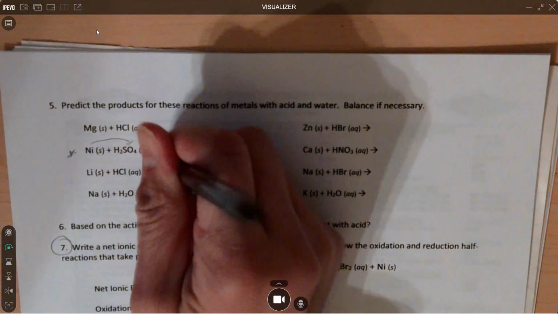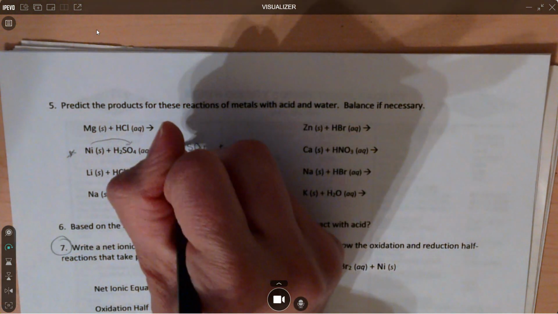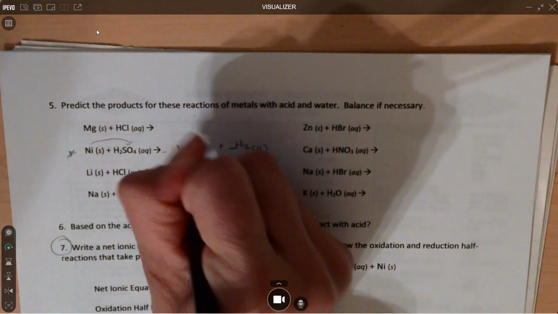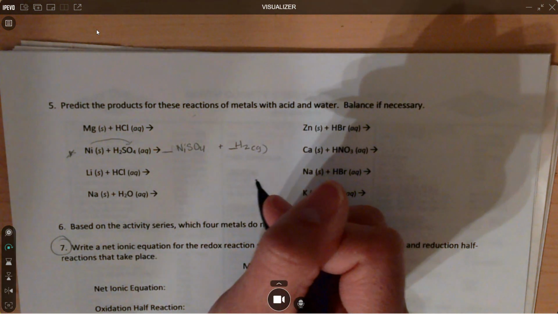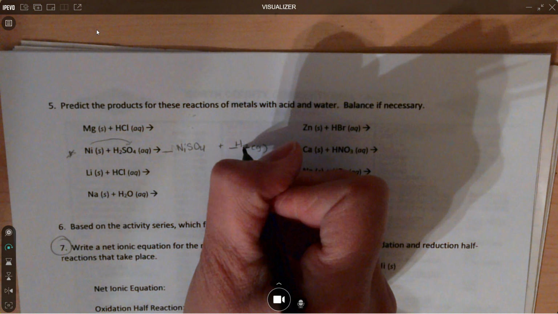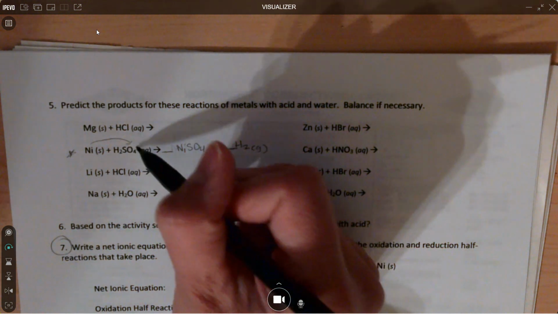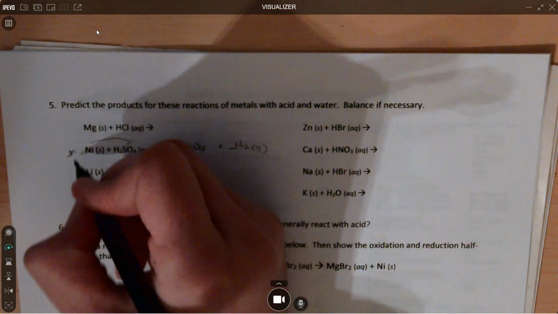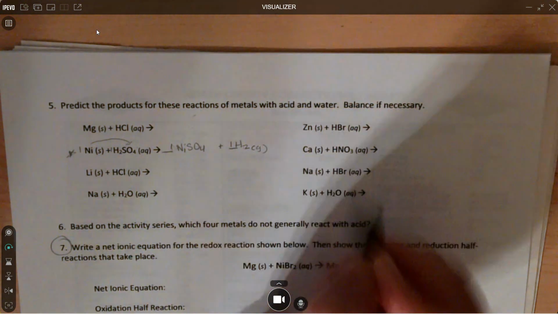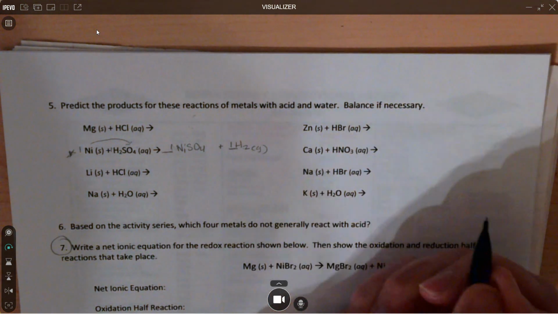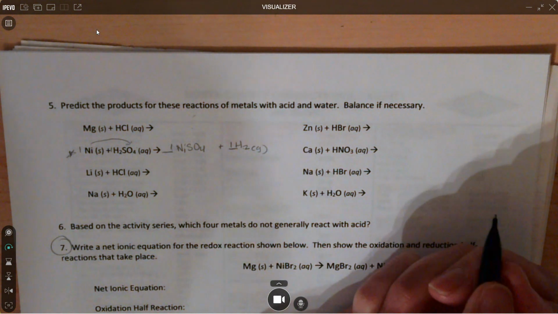So that means that there is no number between them. It's just a 1:1 ratio that's going to be there. Okay. Now we're going to balance this out. Two hydrogens, one sulfate, 1, 1. So everything's going to be a 1 to 1, 1, 1 ratio. So it actually balanced quite nice for us right there.